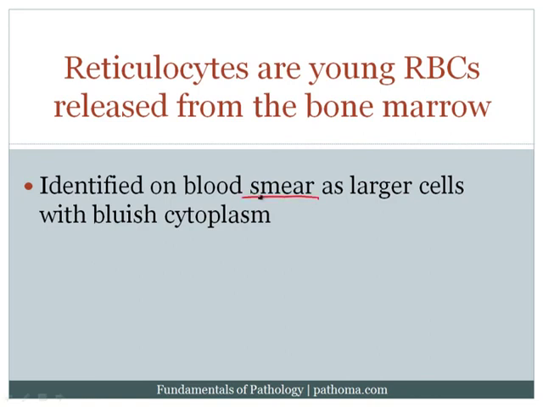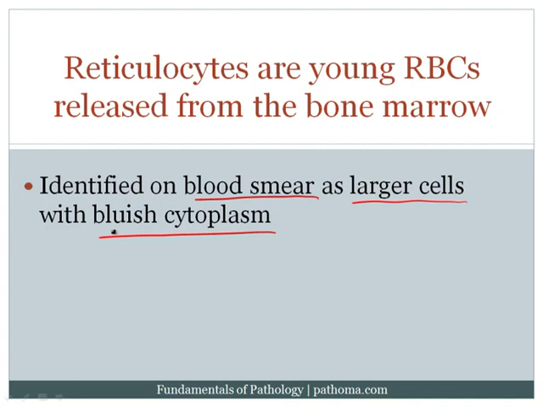On a blood smear, they're identified as cells that are slightly larger than normal, just a tad bit larger, with bluish cytoplasm. And the bluish cytoplasm is due to residual RNA within the cell. Basically, when the young red blood cell is born, it's born with no nucleus, and it has most of its hemoglobin.